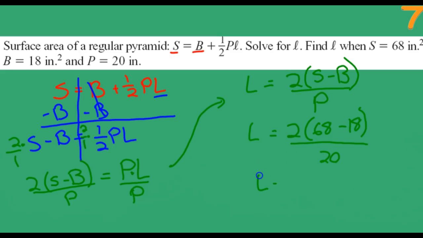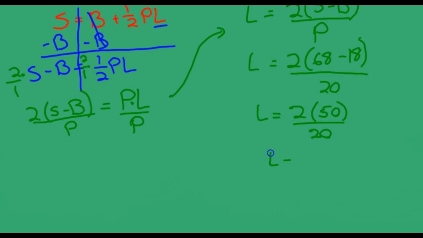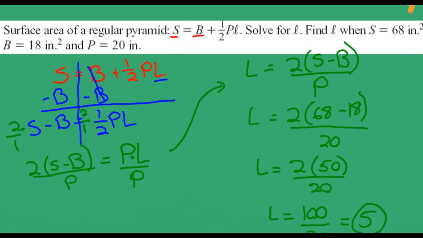So we have L equals 2 times 68 minus 18, which gives us 50, divided by 20. L equals 2 times 50, which is 100, divided by 20. 100 divided by 20 is 5. So our L, our length, is going to be 5 inches.